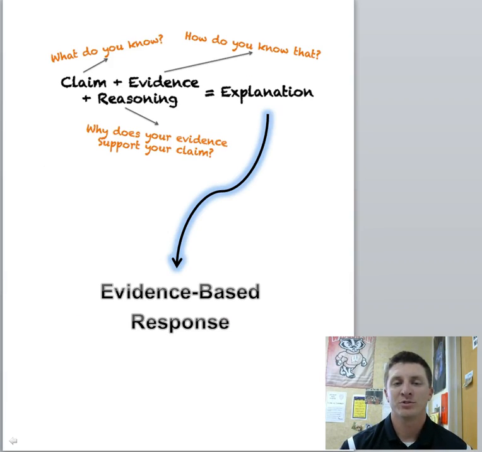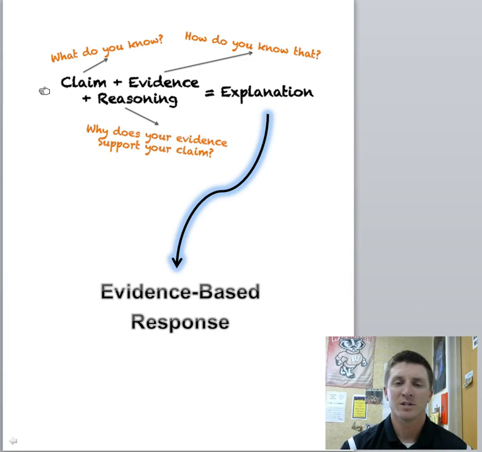So with those 3 things, if you look at this little graphic here, there are some simple questions related to claim, evidence, and reasoning. What do you know? The answer to that question is the claim. How do you know that? The answer to that is your evidence. And then why does your evidence support your claim?